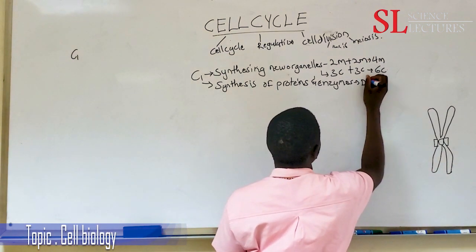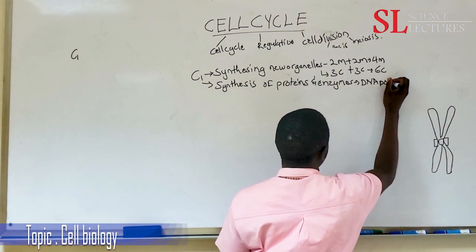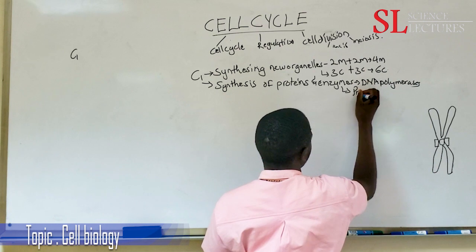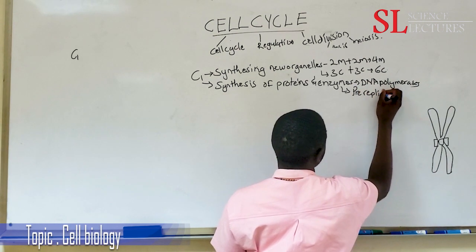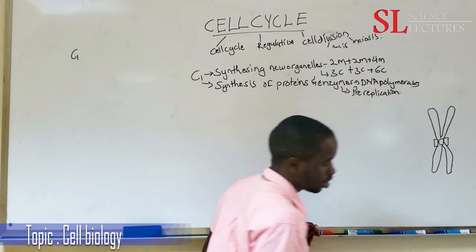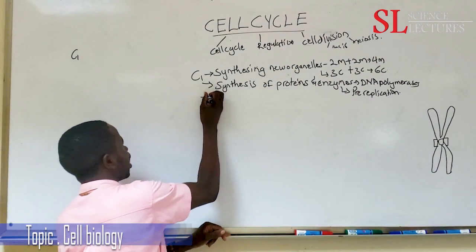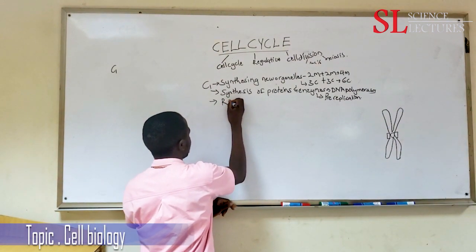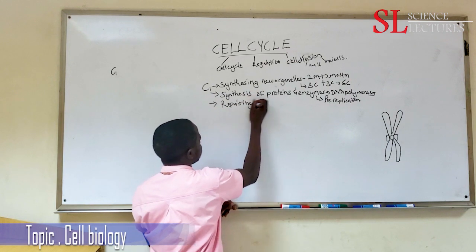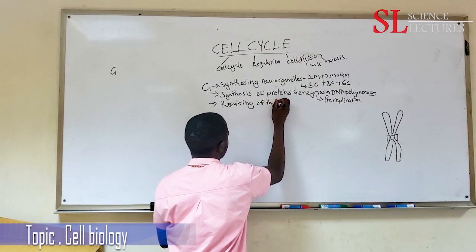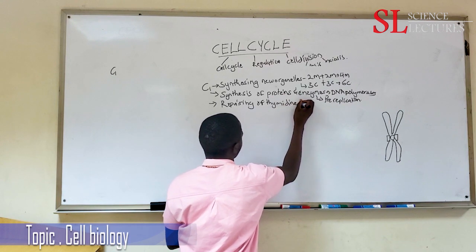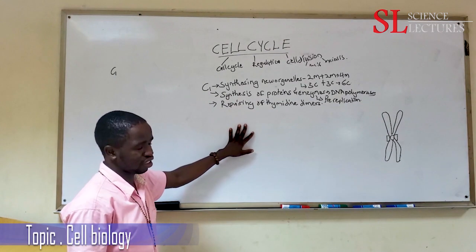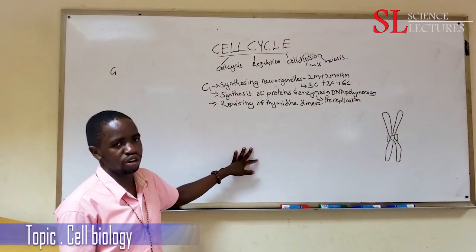Things like DNA polymerases, things like pre-replication complexes, and others. Then if the cell has any damaged thymidine dimers, they shall be repaired. So we shall have repairing of thymidine dimers. So this is what the cell usually does as it is preparing to undergo division.